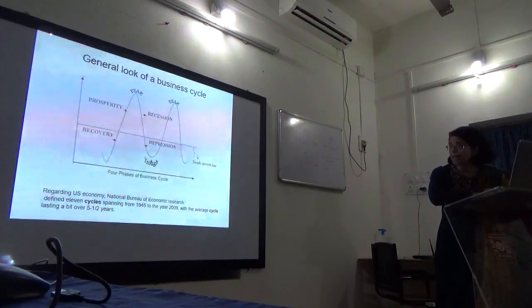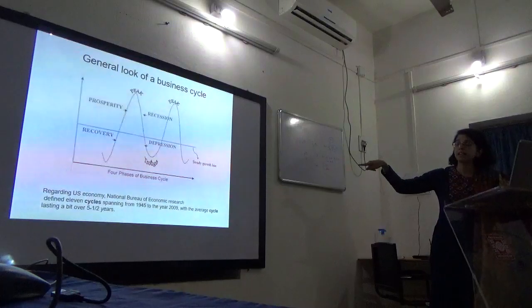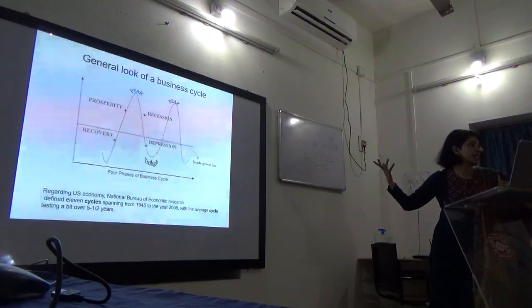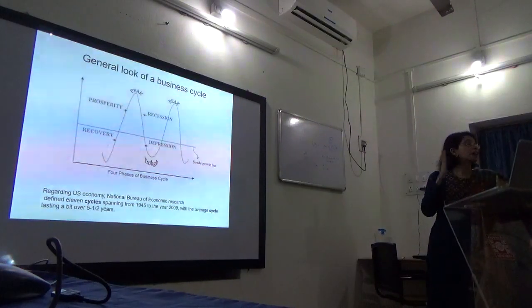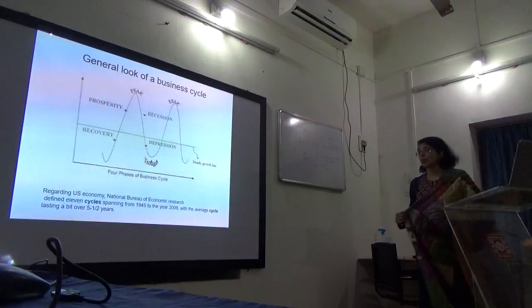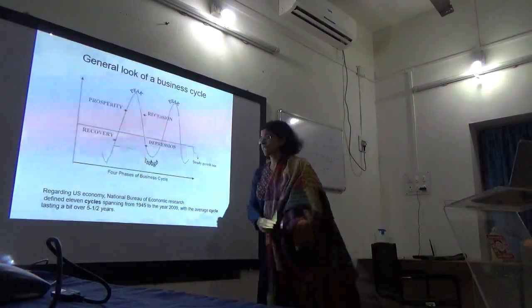One amusing fact: I think all of you are aware of recession, world economic recession. So recession is a part of the cyclical component. Okay, so it is fascinating to see.